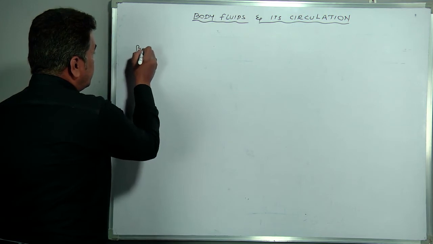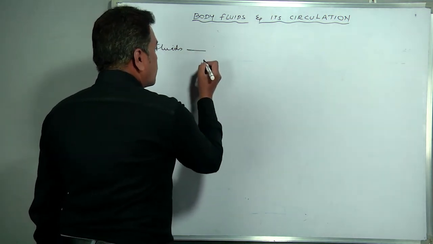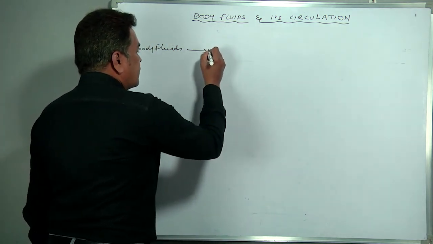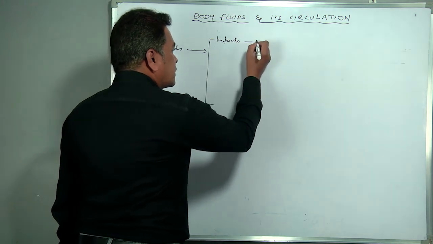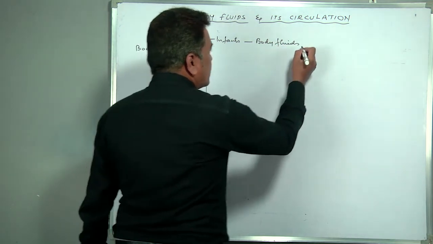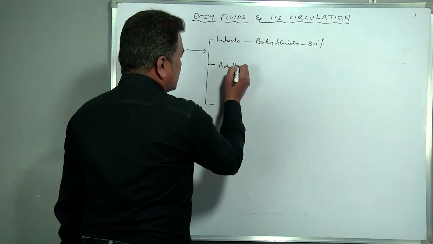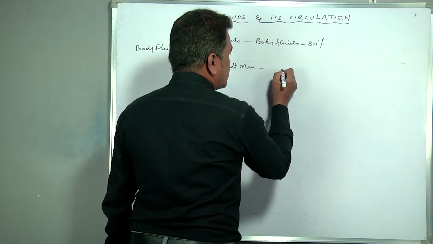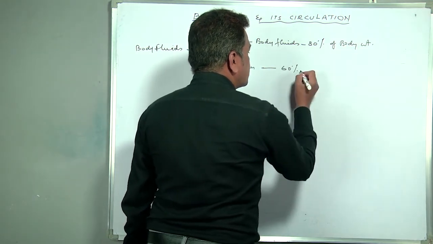Generally, we may be considering these body fluids like this. If you take infants, the body fluids will be 80% of body weight.